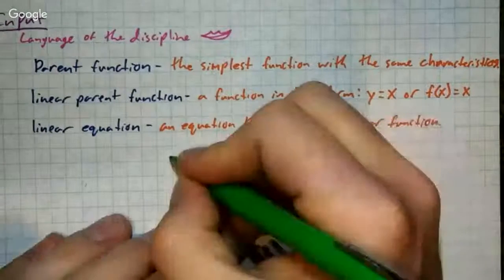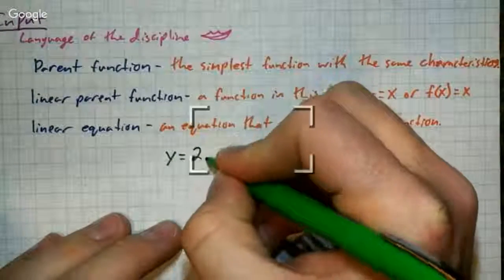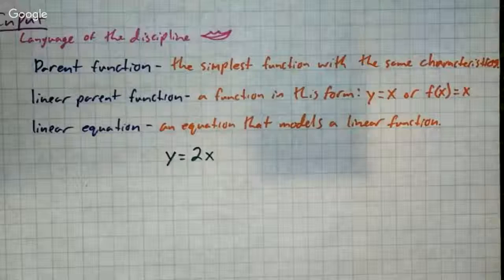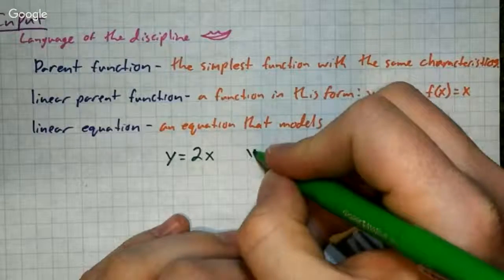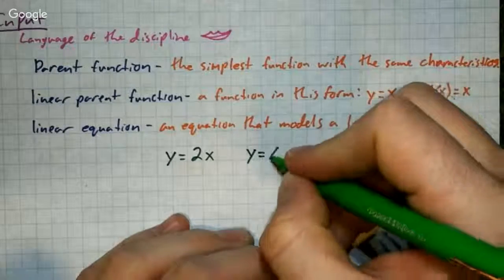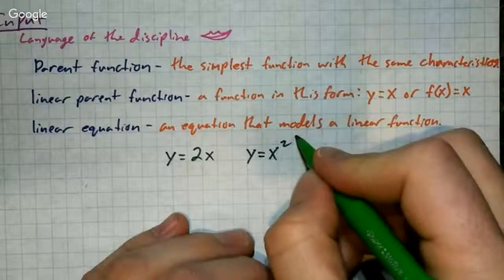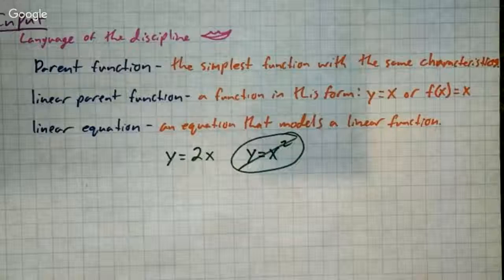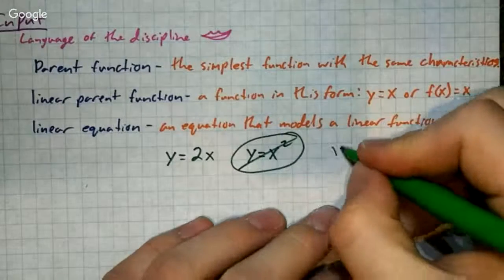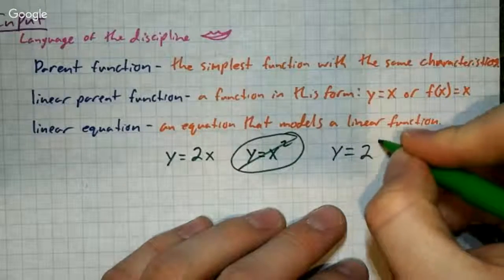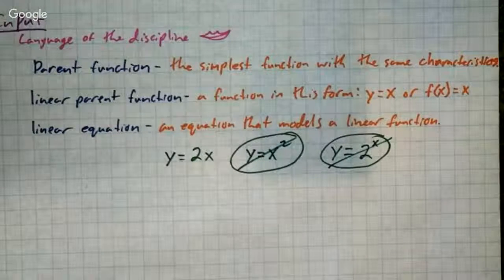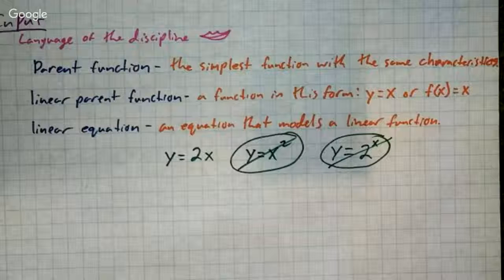So if you have something like y equals 2x, yes, that is a linear equation. But what if we have something like y equals x squared? No, that would not be linear because that has a power in it. Same thing if we have something like y equals 2 to the power of x. Again, that is not a linear equation because it's using an exponent.